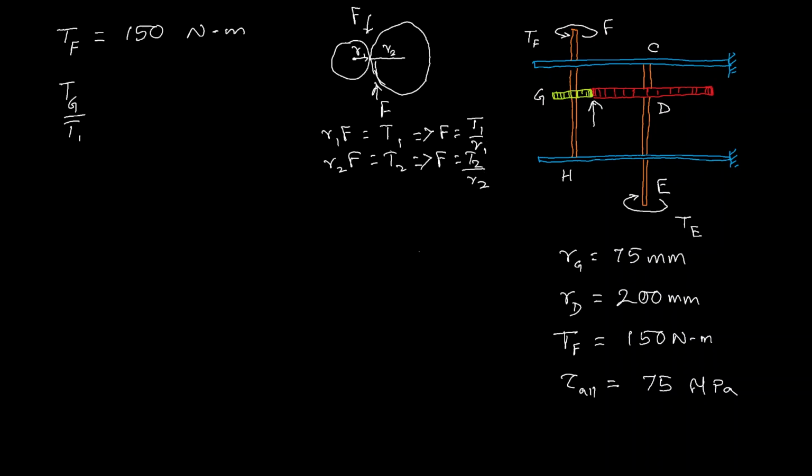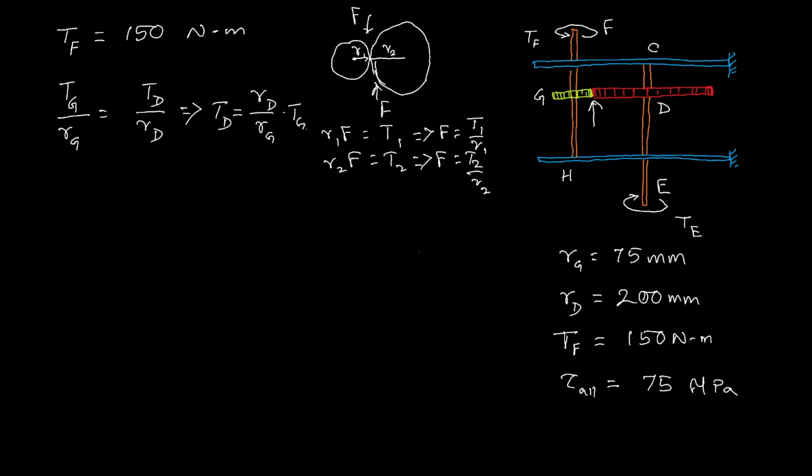In this form I want to write it so that it will be clear. So TG over RG is equal to TD over RD. This implies that the torque at D is equal to RD over RG times TG.